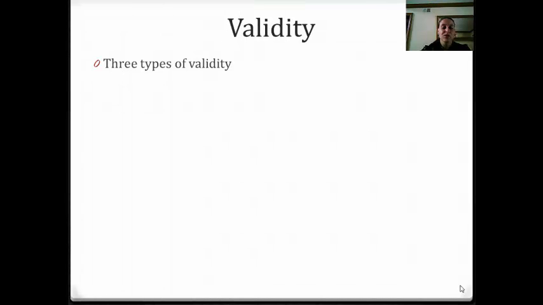Okay, so unlike reliability, validity cannot be established through mathematical formulas. Rather, just as, for example, a lawyer gathers evidence to make a legal case, a variety of evidence has to be gathered to make the case for validity. And the evidence that's gathered can be one of the following 3 types.